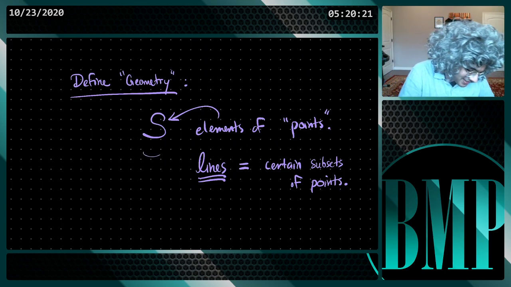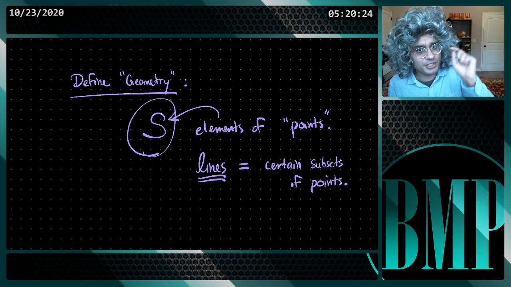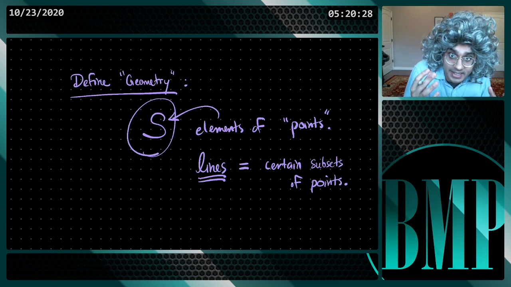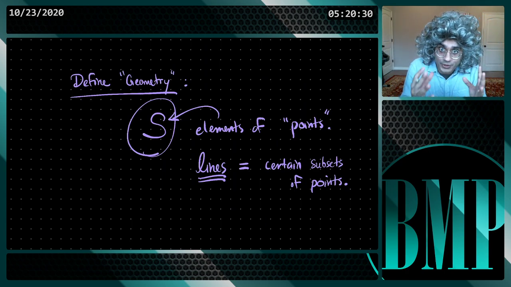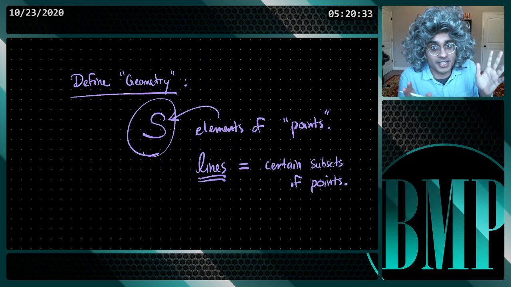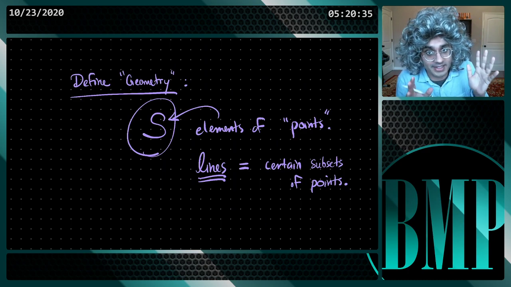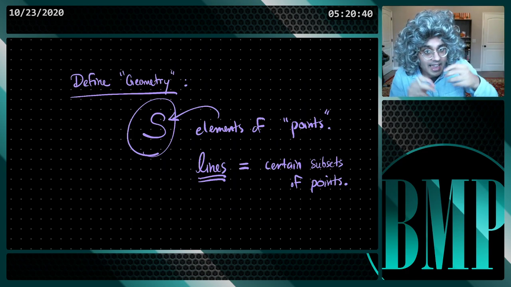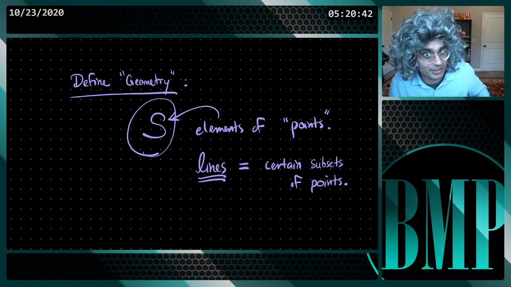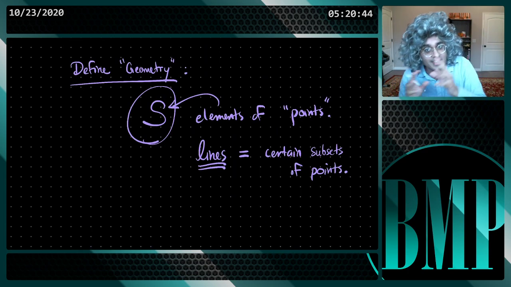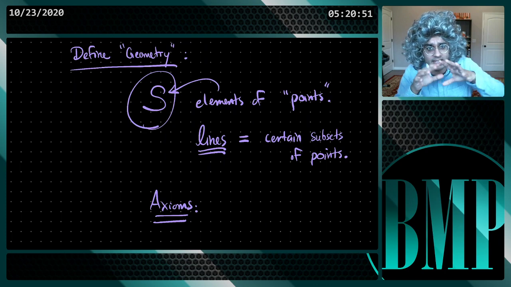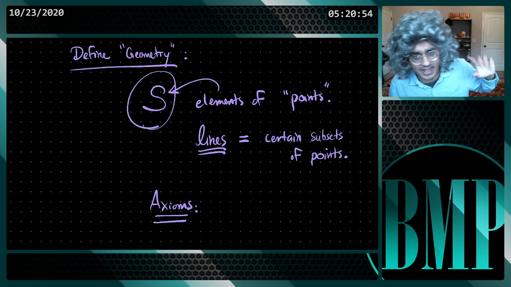So you have a set whose elements you just call points, and then you define the concept of a line. A line, at first, is just some subset of points. But the lines have to obey some axioms, axioms of creating a geometry on the set S.